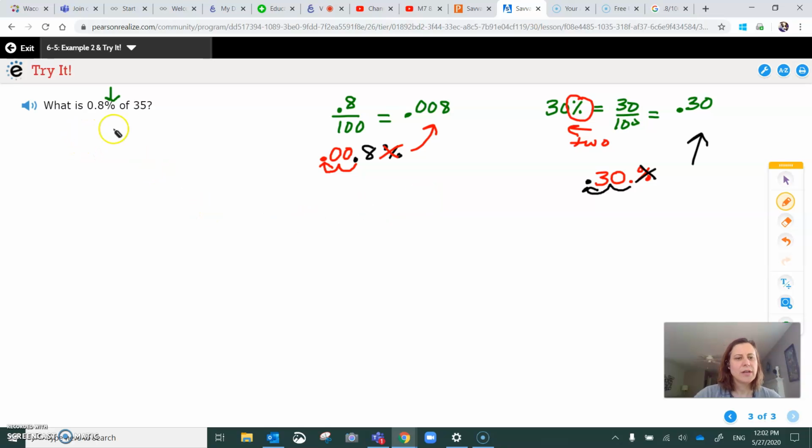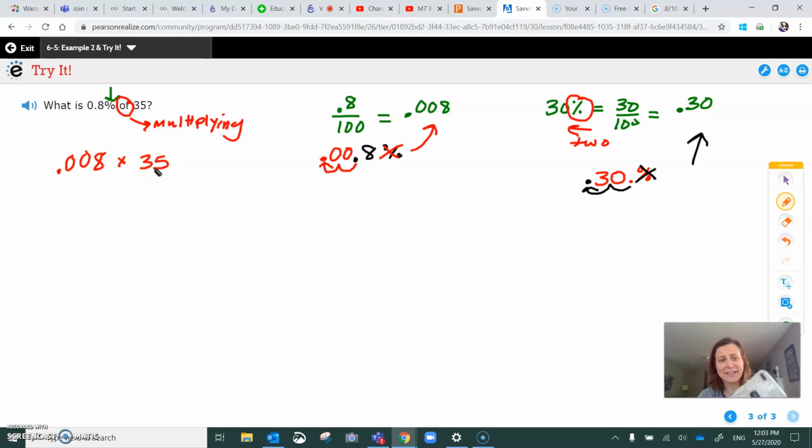Okay, so the word "of," we've talked about before, that means you're going to be multiplying. So 0.008 times 35.